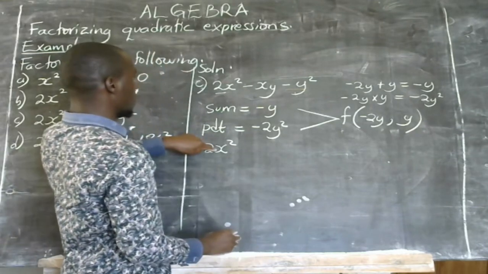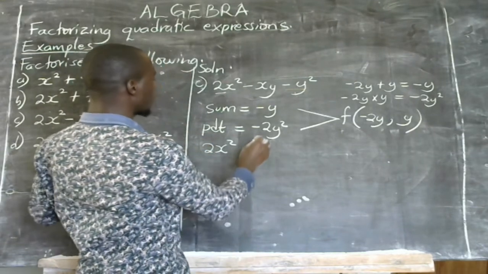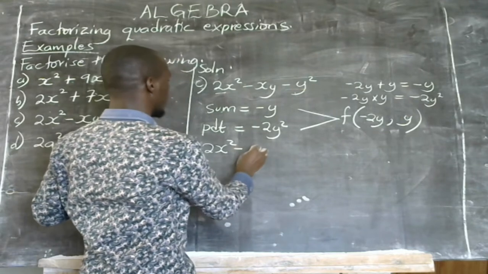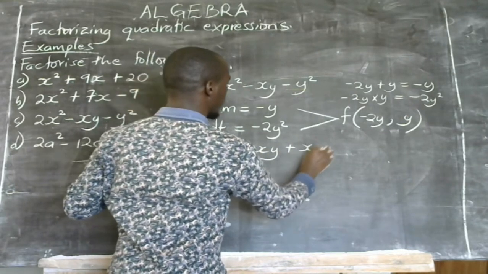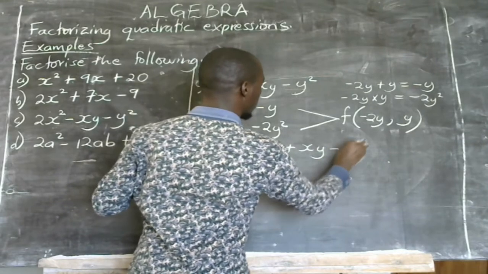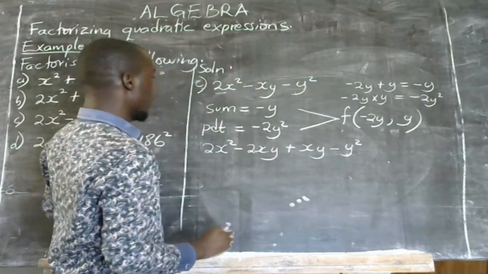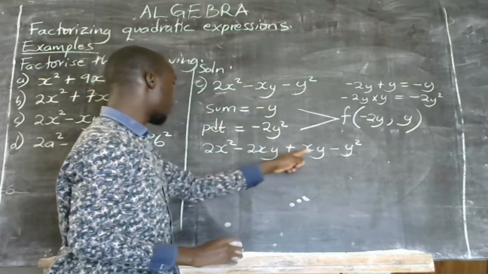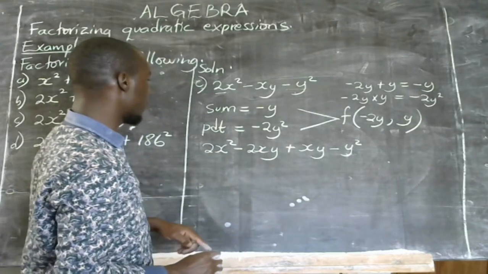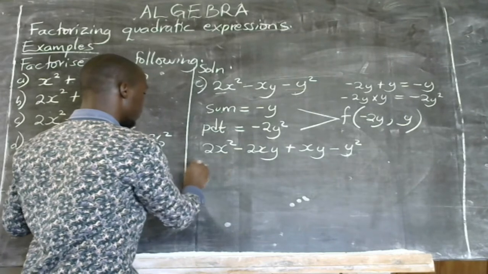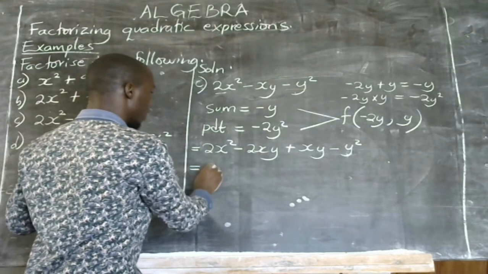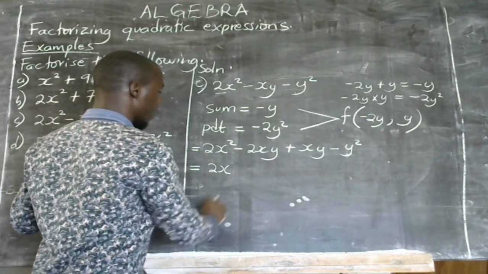So this one is going to be 2xy minus the 2xy, then plus the xy, then minus y squared. I'm adding on the x there because we took x as the variable. So factorizing 2 terms, I'm having 2x as a factor there.